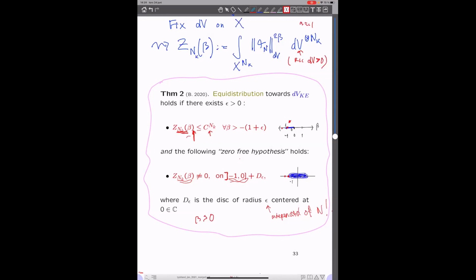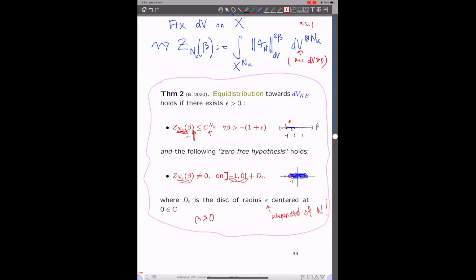Okay, that assumption alone ensures that the normalizing constant is finite, and that actually implies that there will be a unique Kähler-Einstein metric already. But to actually be sure that I get convergence towards the Kähler-Einstein volume form, I need an extra condition, not on the poles of this zeta function, but actually on the zeros. So my hypothesis that I need to prove convergence is that there are no zeros in some epsilon neighborhood of the interval between -1 and up to some positive number.